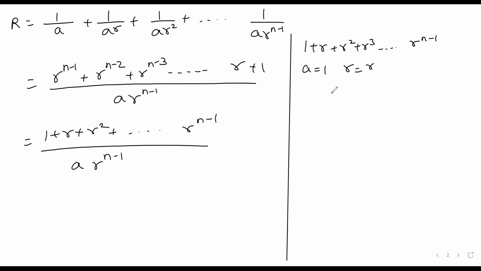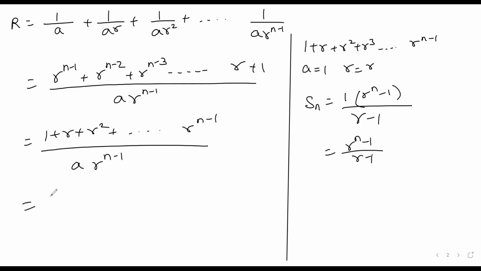So what is the addition of this GP? It is r raised to n minus 1 upon r minus 1.